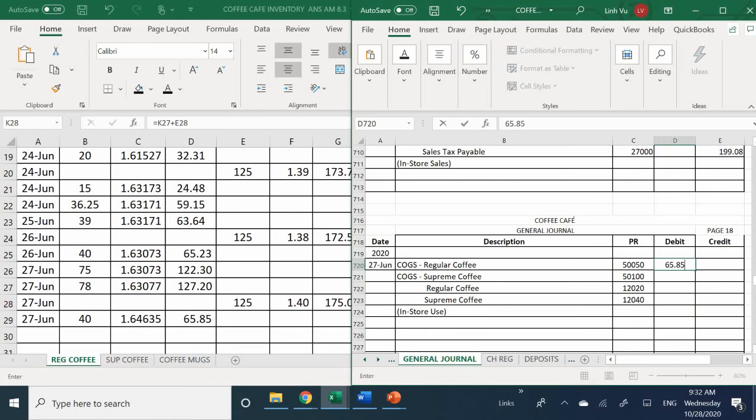And the values that I have in here are going to be $65.85 for your debit for regular coffee. And then for your debit for Supreme cost of goods sold is $76.78. Good. Sorry, my bad. I heard 77. 76.78. Yes. Okay.